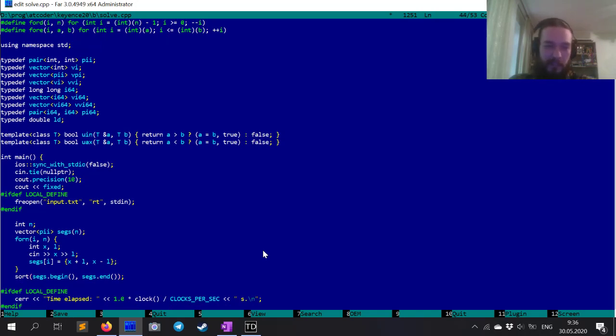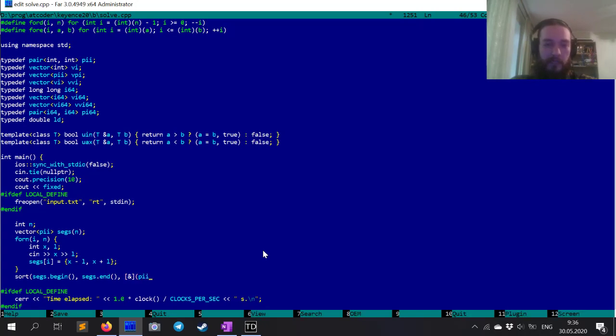You can still do it in the original order, but then you would have to sort by a non-standard comparator. This you can do, for example, by plugging a lambda function here.